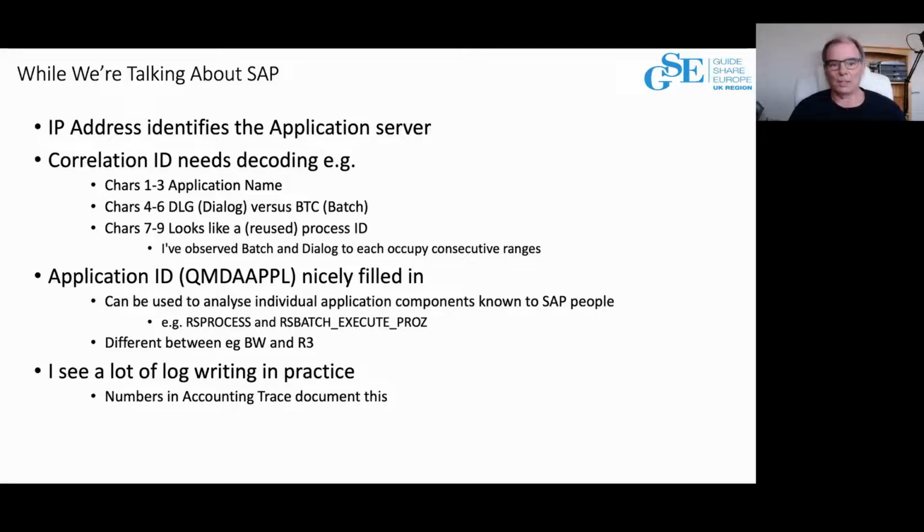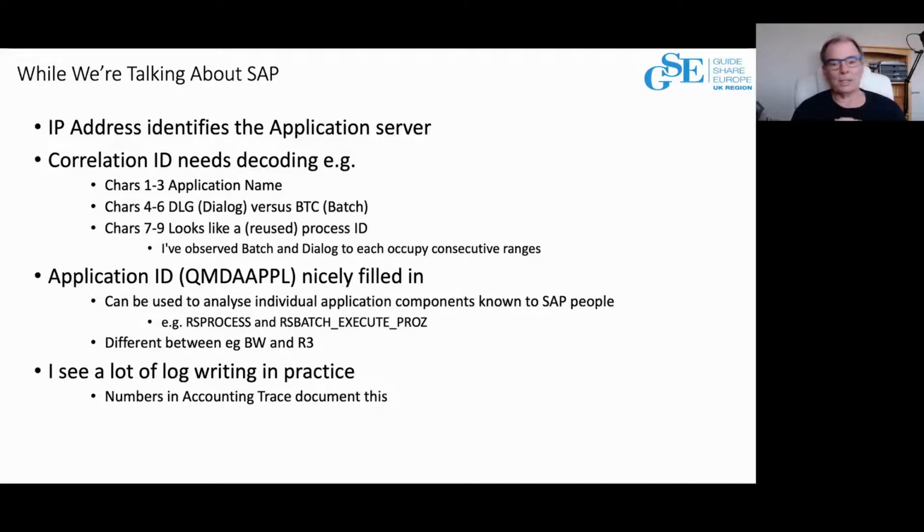And what I've seen is basically you can do some useful work with this. Generally, the application name is the subsystem name, so that's probably not terribly helpful to know. Or the data sharing group name, actually, in a recent customer I've been dealing with, is the first 3 characters. But then you see DLG for dialogue transactions and BTC for batch transactions.